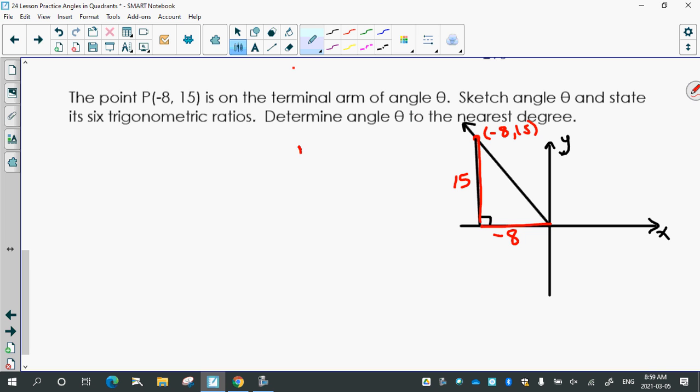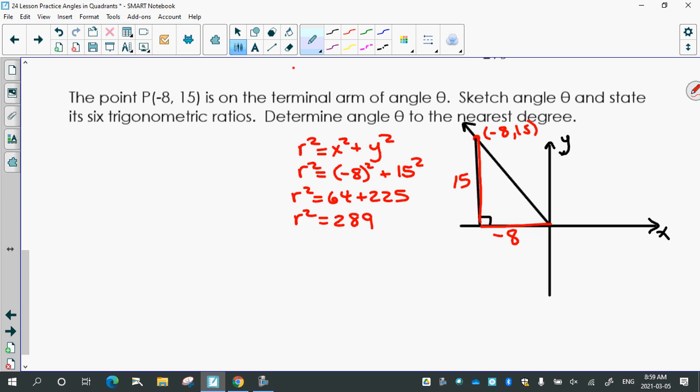So r squared equals x squared plus y squared. So negative 8 squared plus 15 squared. We get 17.